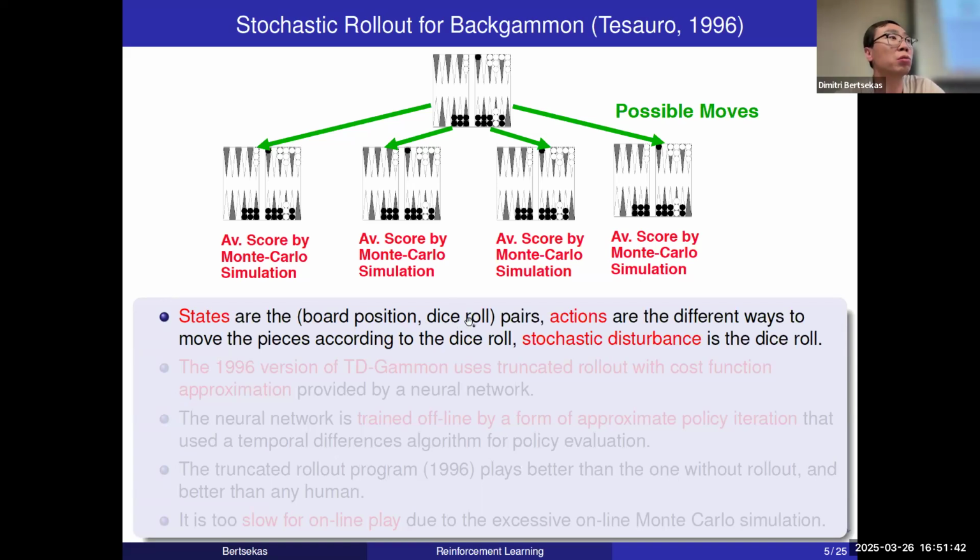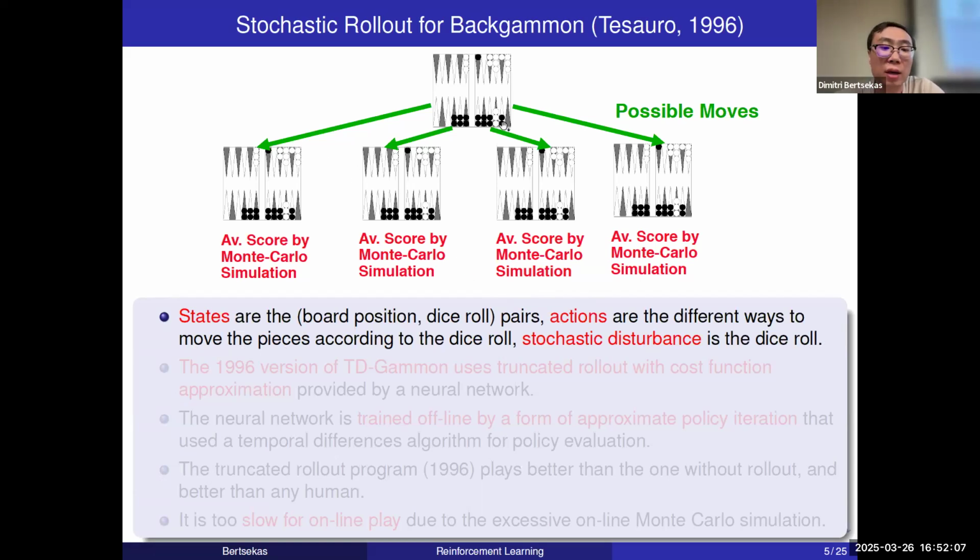Before you take action, you need to roll two dice, which is going to tell you, given the dice roll, what are the possible moves of pieces that are allowed. So there is a stochastic quantity involved, and the stochastic disturbance is a dice roll.